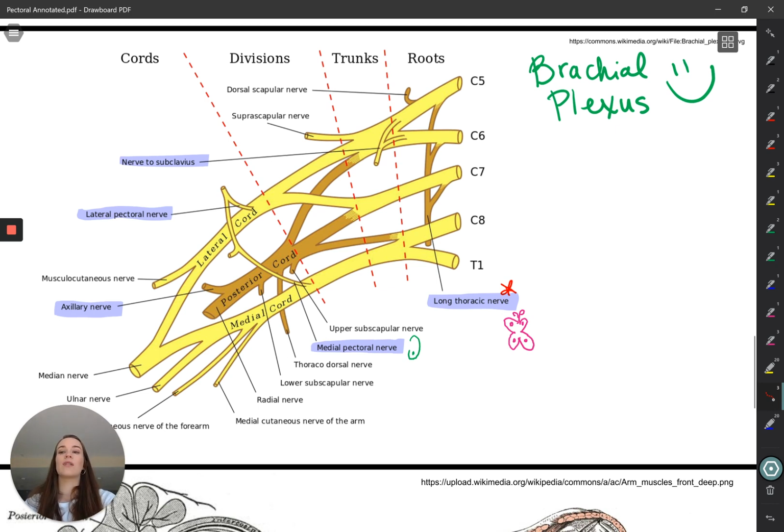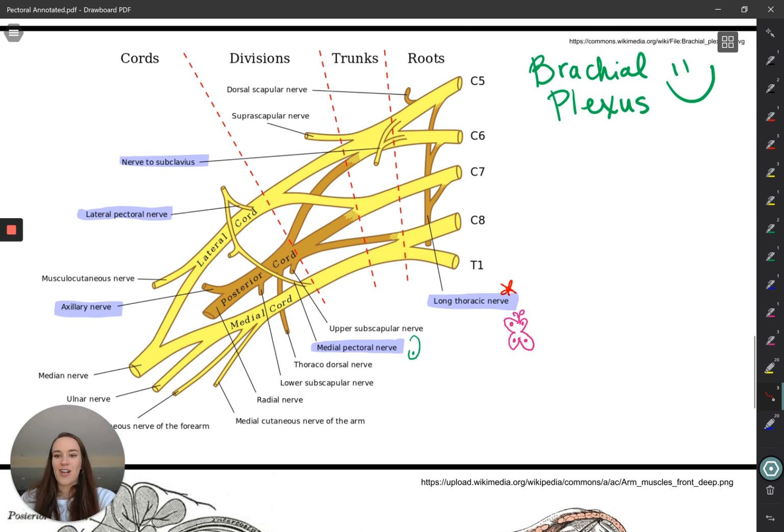And then when we talk about the axillary region, we'll really dive into the brachial plexus as a whole and cover every piece of it. So we won't be doing a comprehensive review today. We're just going to focus on these ones that I've highlighted because they are specific to the pectoral region.